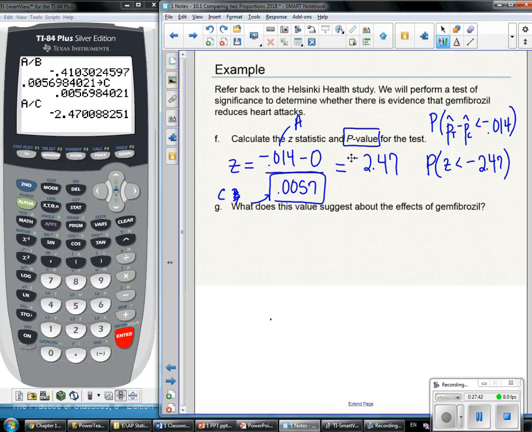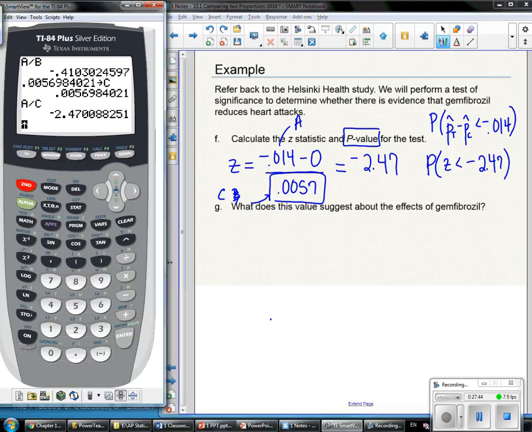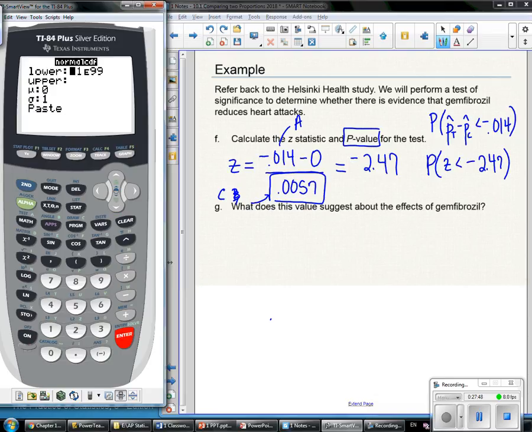And so now I can go to my distributions, and this is a standard normal distribution, so I can go ahead and just choose my normal CDF. And if I'm trying to find the probability that z is less than negative 2.47, my lower bound is going to be negative 9999999. My upper bound is going to be negative 2.47. And actually, let me just recall my previous answer. That way I'm going to avoid a rounding error.